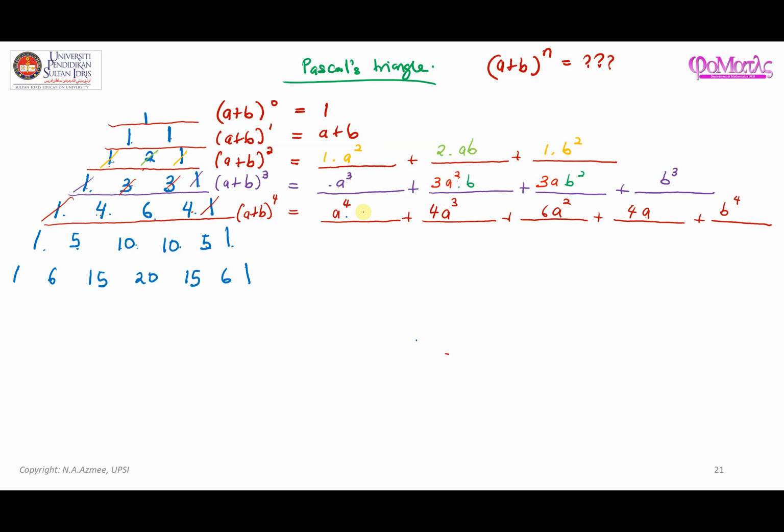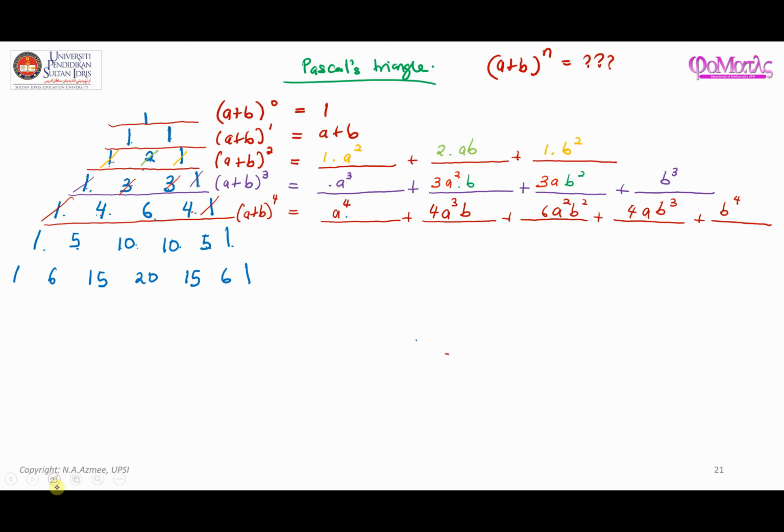You don't have to write it again. Therefore, here must be b to the power of 1, b squared, b cubed. Here is b to the 4. Okay, that's it. How simple is that? We have managed to get the result of this expression without having to do tedious work.